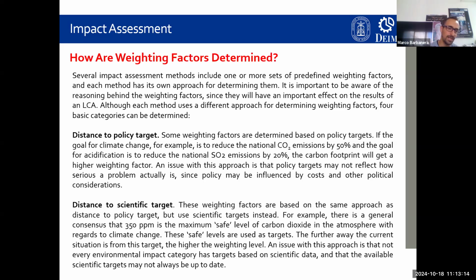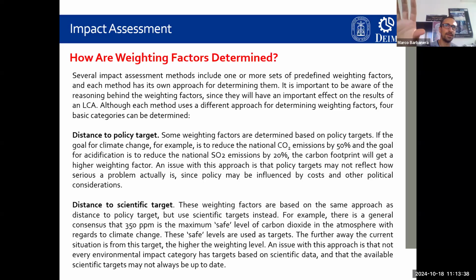So the idea of these first two methods, distance to policy target and distance to scientific target, is to set a target, a threshold for each impact category.